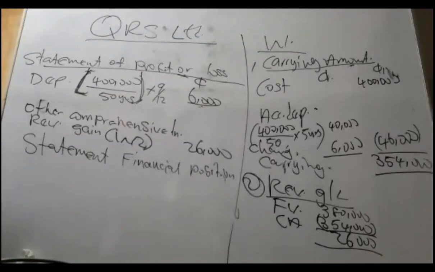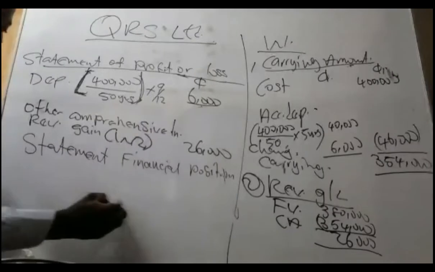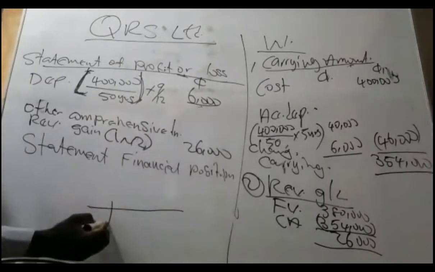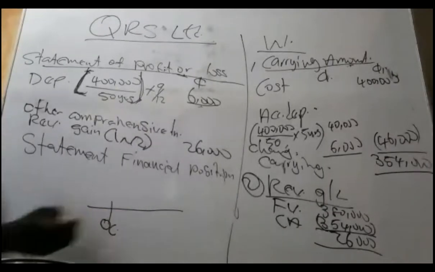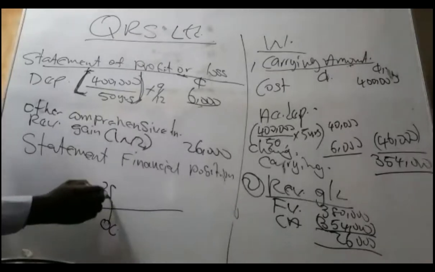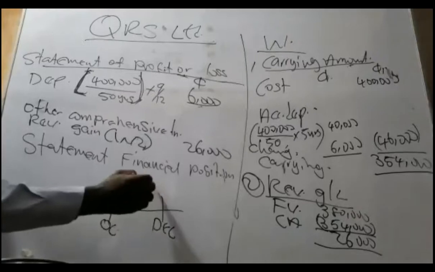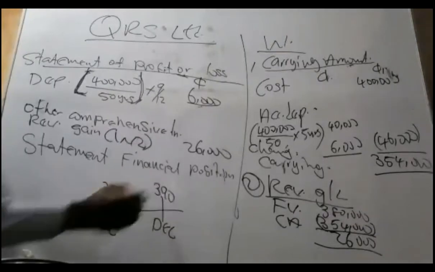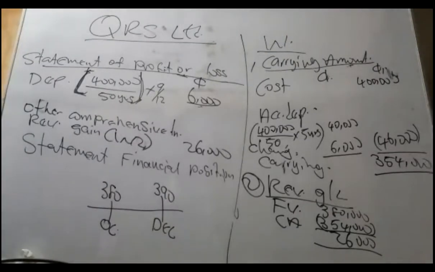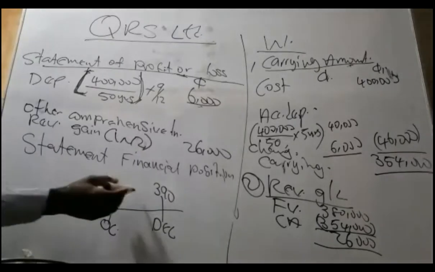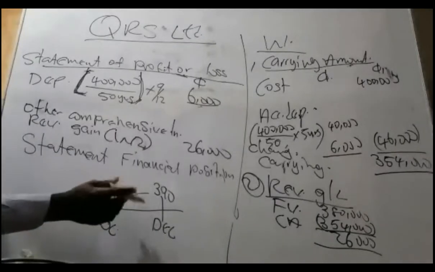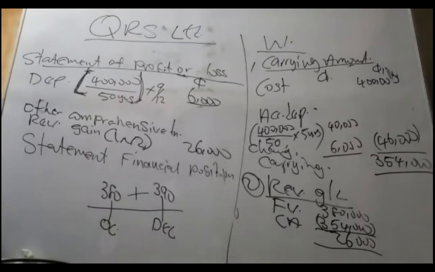So from October, where the value is 380, by December we have to fair value it again. So let's go to the question. And the value is what? 390. That means there's another gain of 10. And this 10, you have to use what? It must go to other income.